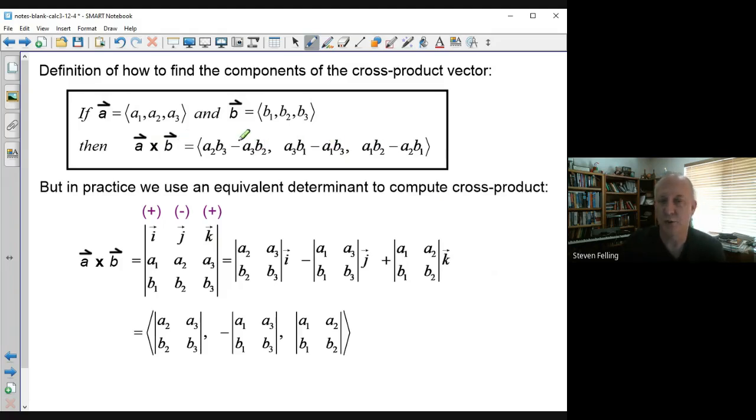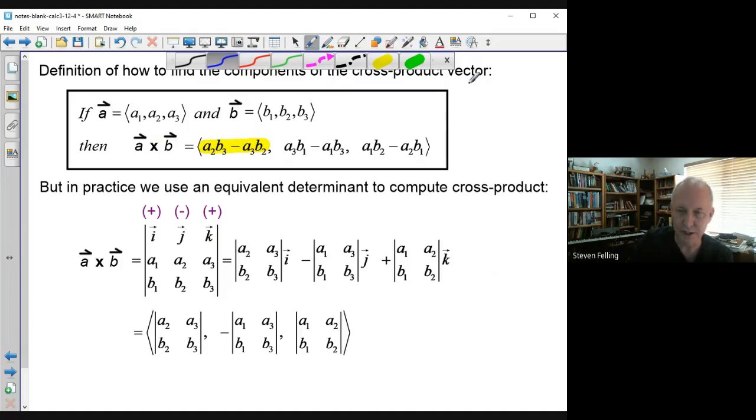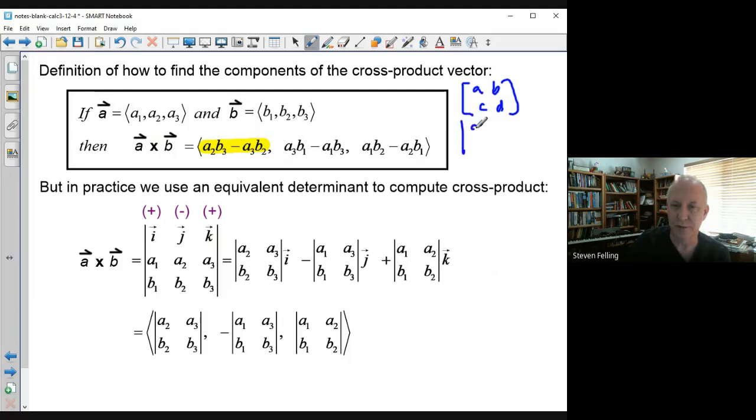Okay, now the way we actually compute this is that these structures here look a lot like the determinant of a 2-dimensional matrix. So if you recall, if you have a matrix in the form A, B, C, D, and you want to take the determinant of that matrix, this maybe goes quite a ways back when you did determinants, that's equal to this diagonal, A times D, the product, minus this diagonal, B times C, this product.